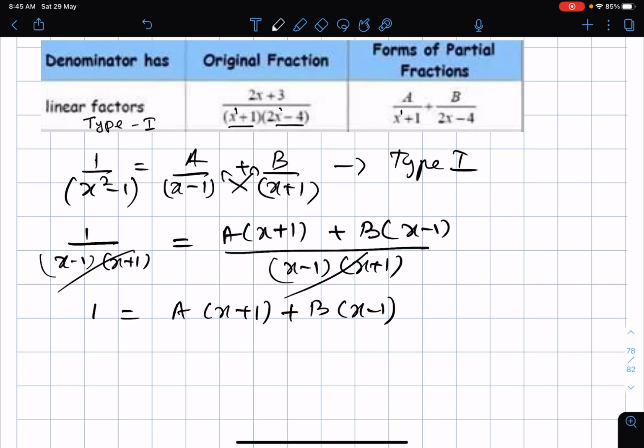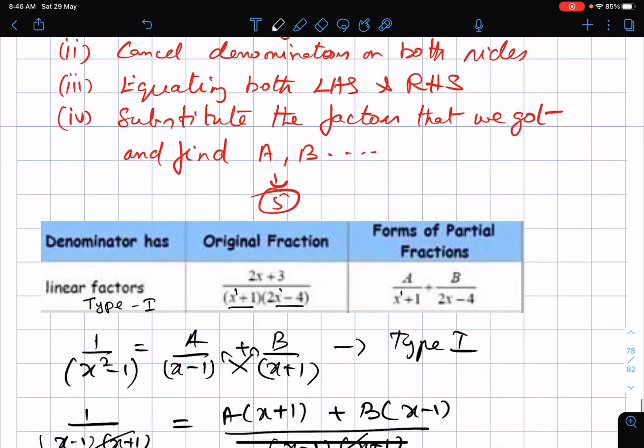Now what are your factors? Factors are x plus 1 and x minus 1. So x equal to minus 1 and x equal to 1. So you are going to substitute this here.